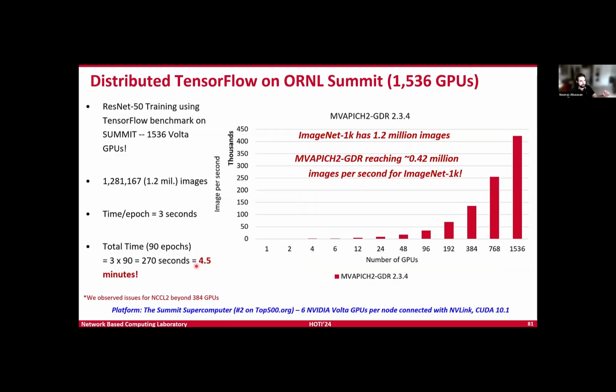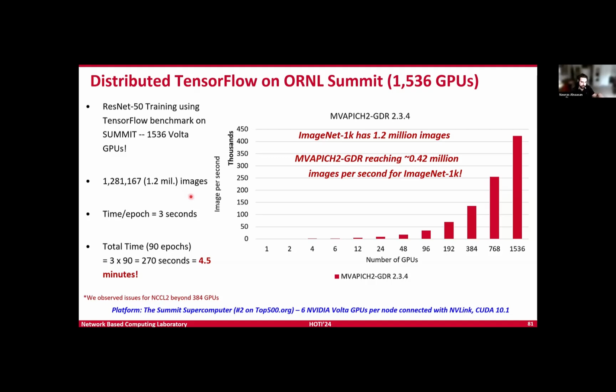This is one example of scaling on a very large system. This is on the Summit system with around 1,500 GPUs. This is ResNet-50, the same example that we ran in Lab 1, on V100 GPUs on the entirety of the ImageNet dataset, so 1.2 million images.